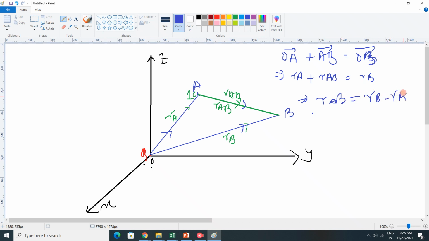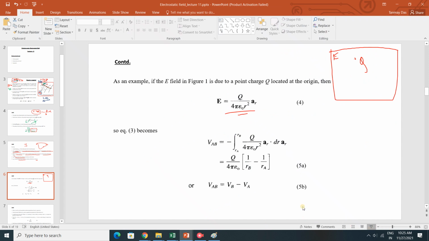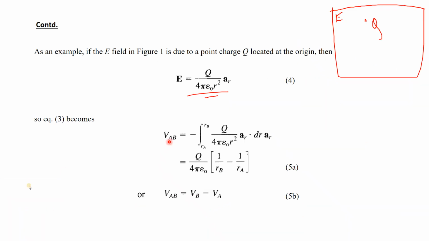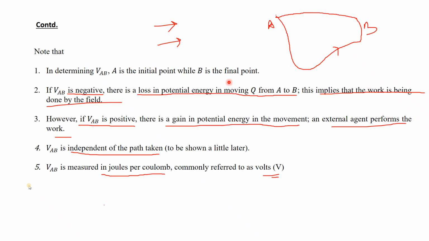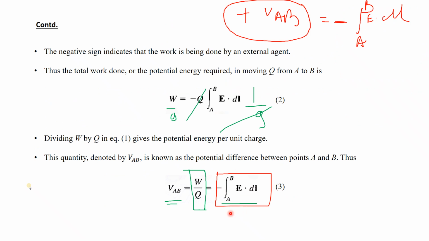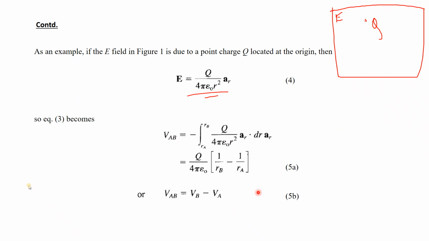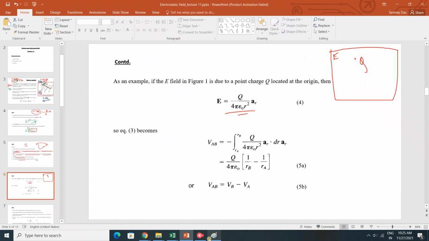Now RAB means RB minus RA. So VAB is minus the integration from A to B of E dot dl, because potential difference means that. Now what does E dot dl mean?